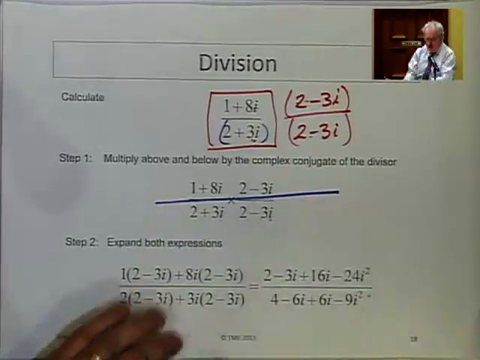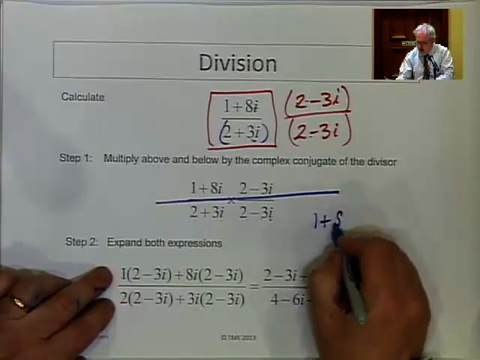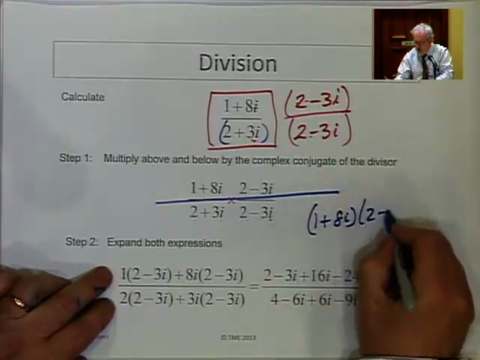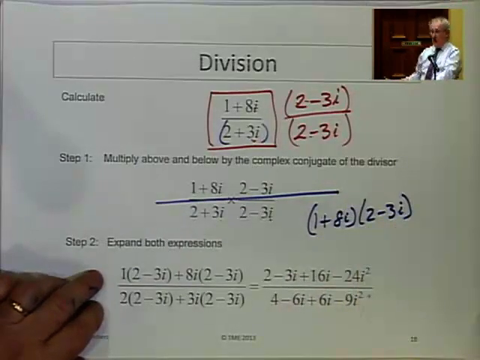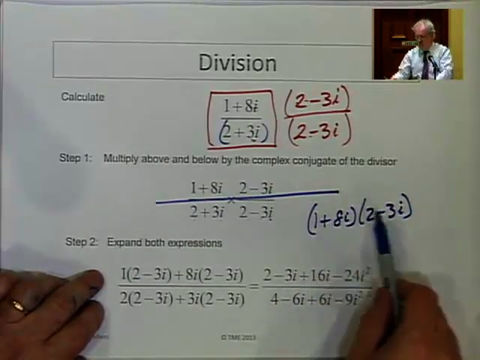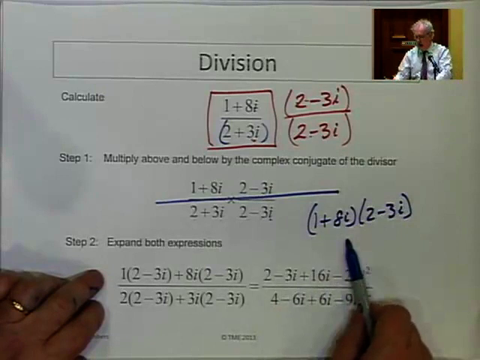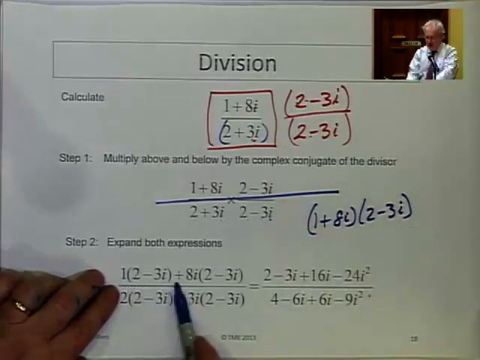So on the top, I'm going to take 1 plus 8i times 2 minus 3i. And that's just the FOIL method. 1 by 2, 1 by minus 3i, 8i by 2, 8i by minus 3i. That's what I'm doing here.